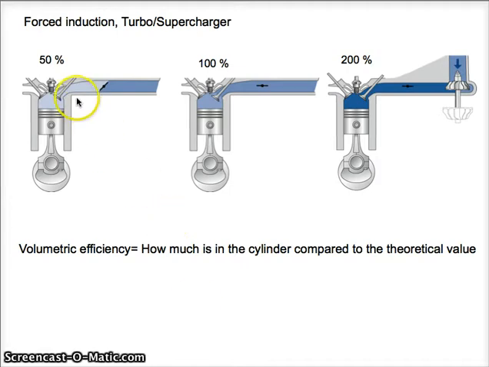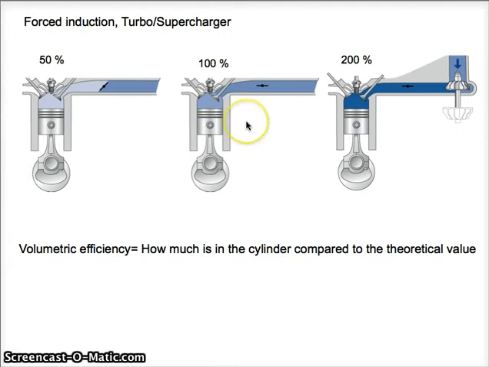Like here, you have an engine, and here you have a throttling device that is partly restricting the airflow into the engine, and that makes the engine only fill up to 50%. In this case, you have an ideal engine, the throttling device is open, and the engine is filled up to 100%.